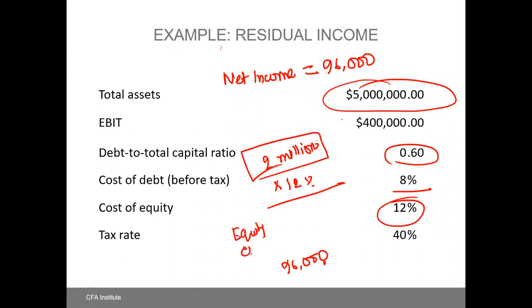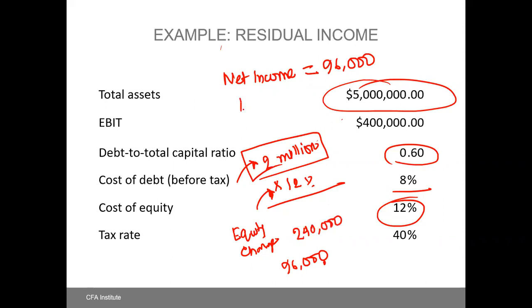It is the equity charge. How are we getting this? We have taken the equity value here and we have taken the cost of equity, 12%. Would you please find out this number? So the equity charge is 240,000.